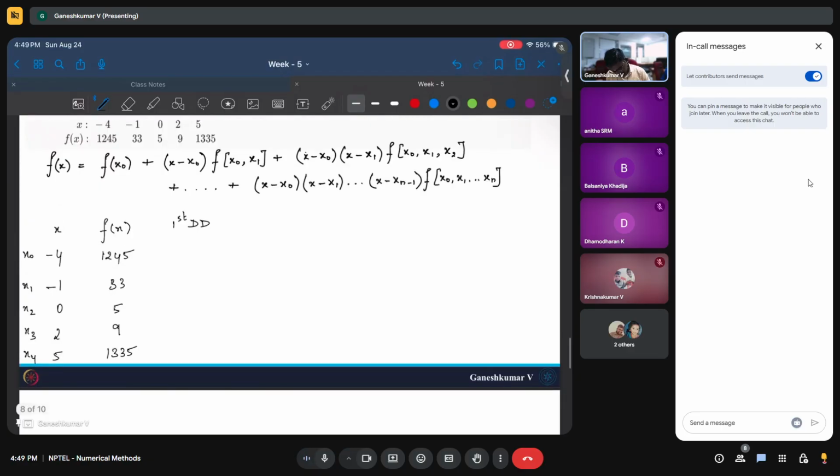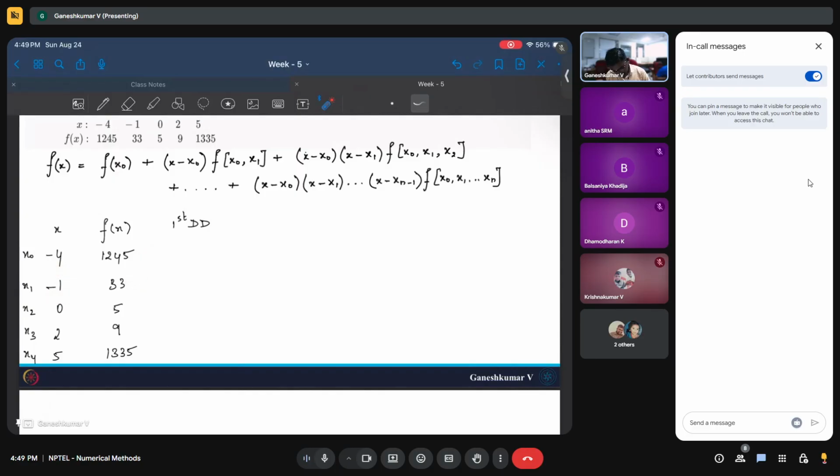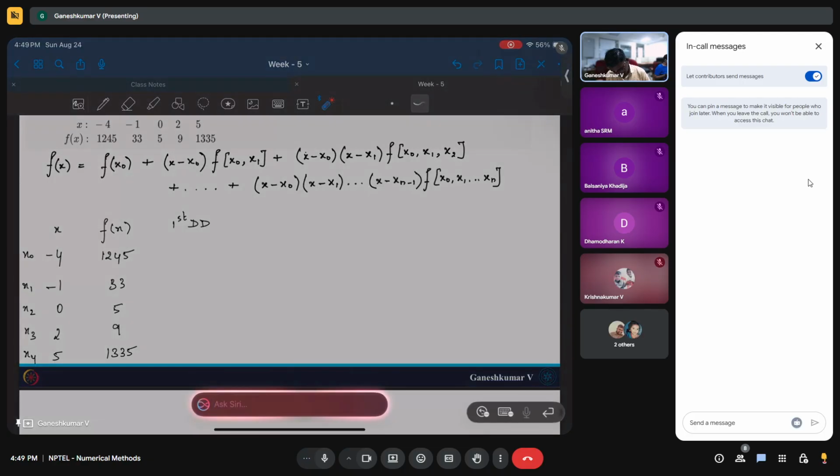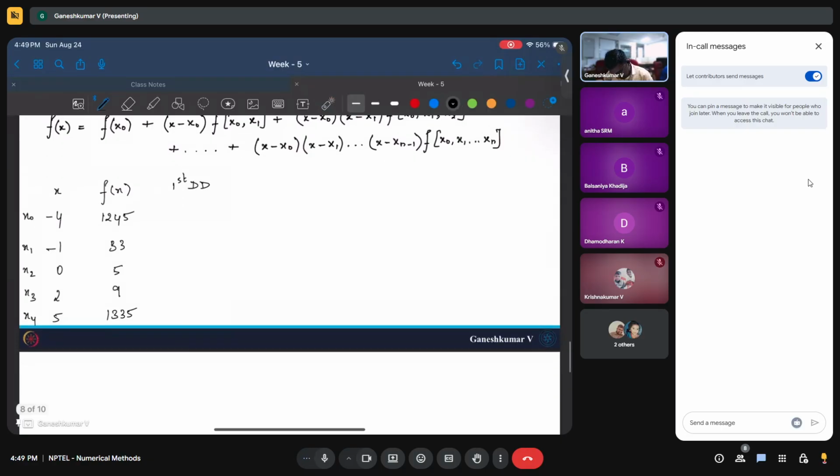The first divided difference is going to be f of x1 minus f of x0 divided by x1 minus x0. And you put that here, and similarly you do it for every other entry. You fill this table, and the second difference you can use these values to do the second, third and fourth. That way this table is very helpful.